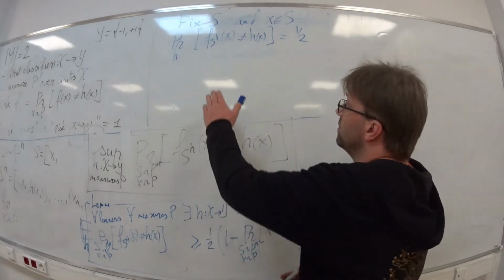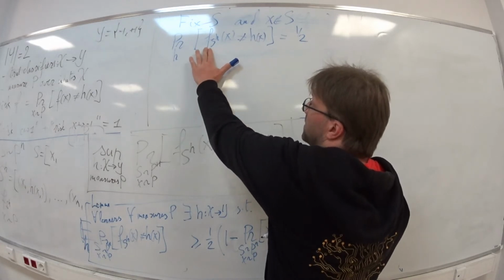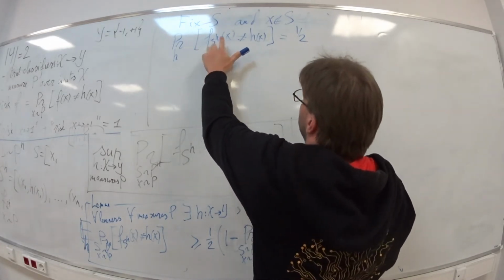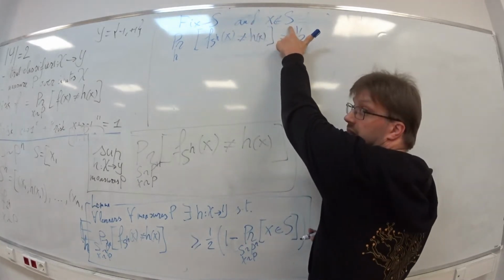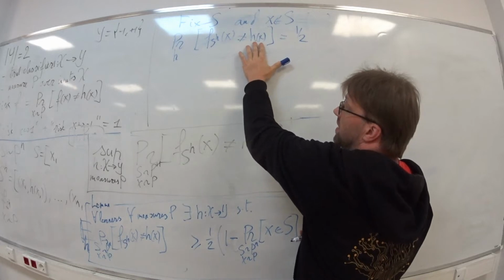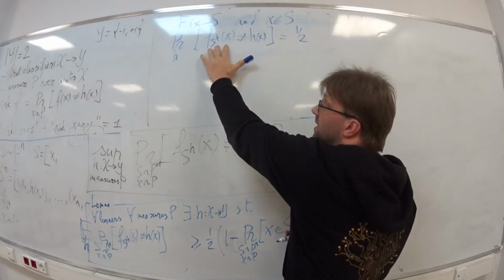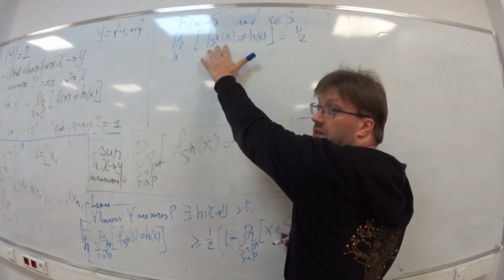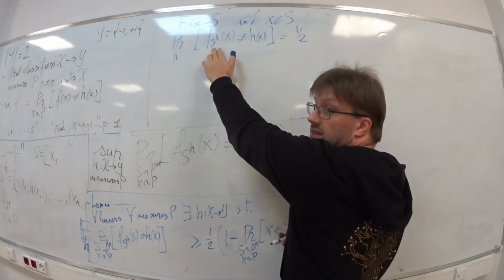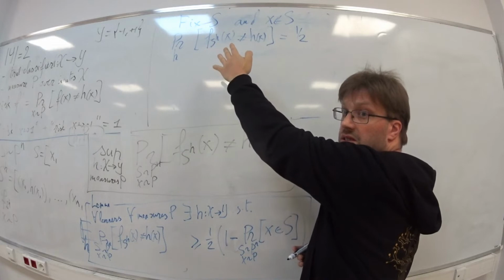Here we have something that only depends on the training set, and we fix x outside the training set. When we generate this label, it is independent of the training set and hence of what the learner produces. The learner only depends on the training set and its own randomness.